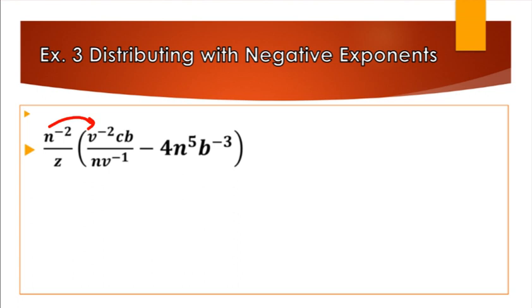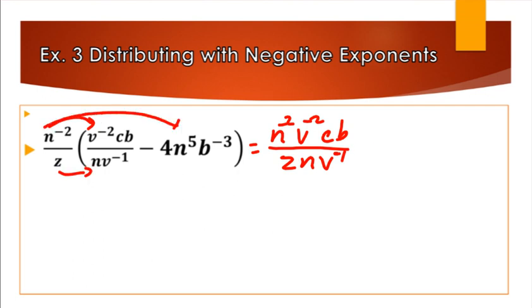Some more examples here. We have n to the negative 2nds, v to the negative 2nds, cb, all over z and v to the negative 1st. Next term, so minus, we have 4 negative 2nds times n to the 5th, n to the 3rd.